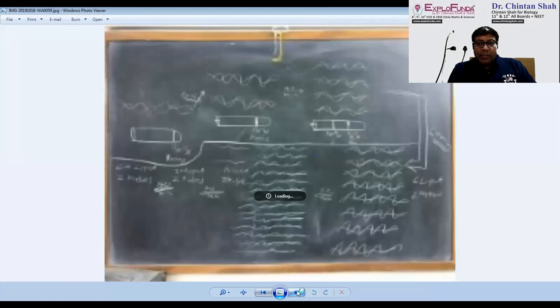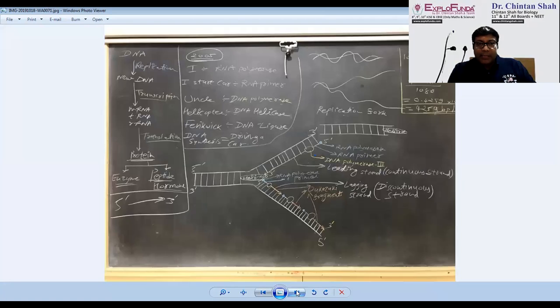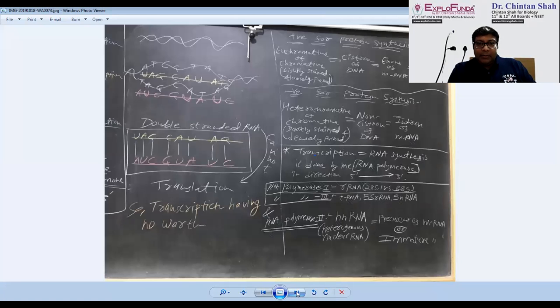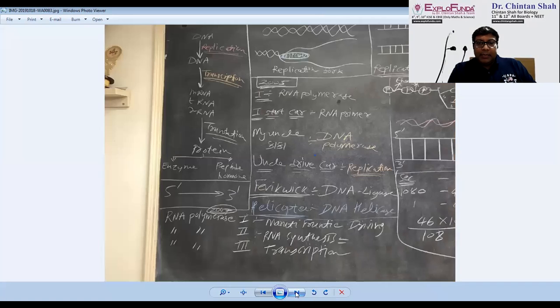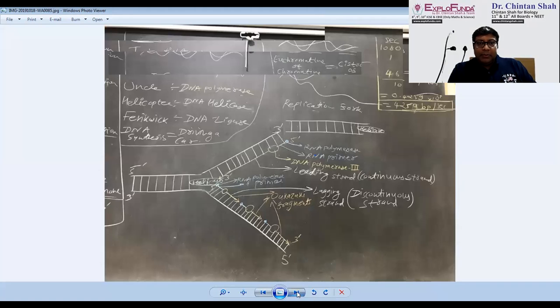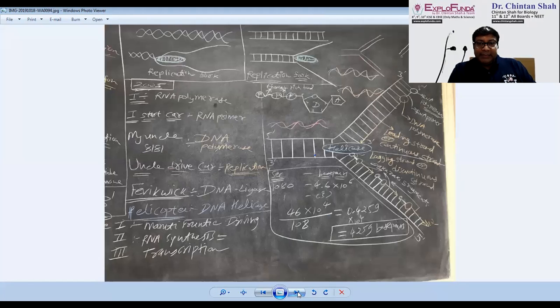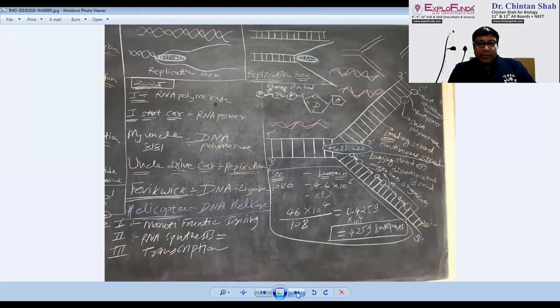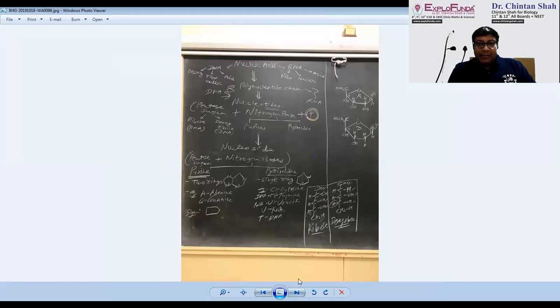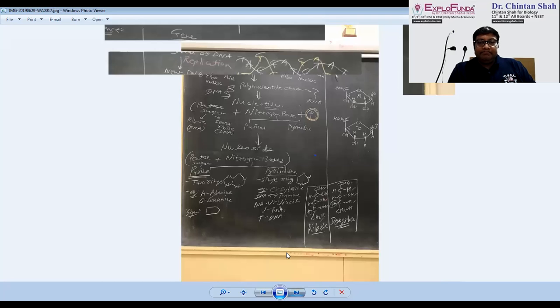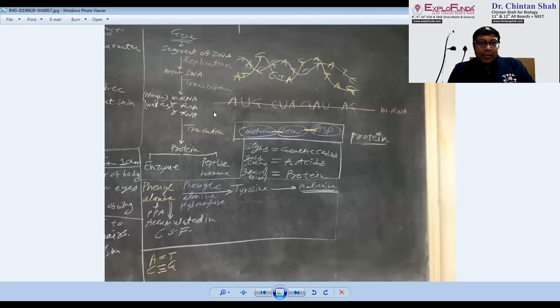One is 3' to 5'. Another one is 5' to 3'. But why is it so? Why is it inversely proportional? That's what I'm going to show you, why it is known as an anti-parallel chain. What do you mean by anti-parallel? Let me show you by some other photographs I have. Just stay with me.